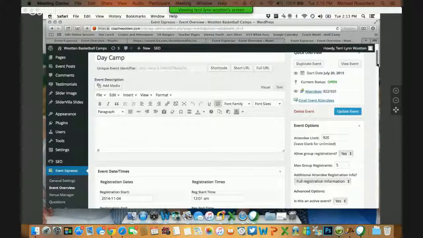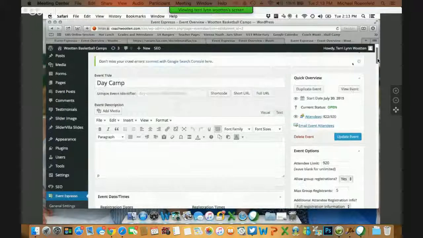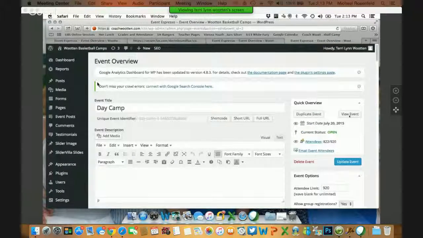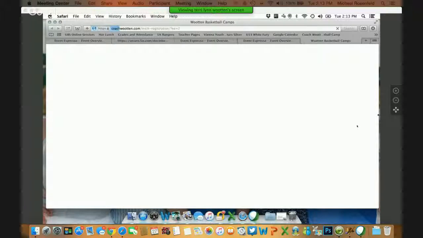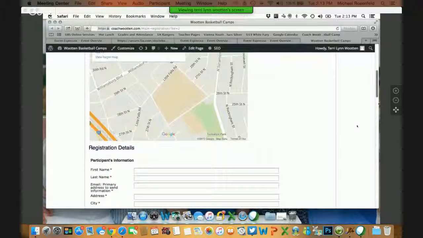Right here. See where it says View Event? Top right corner. Click View. Oh, there you go.